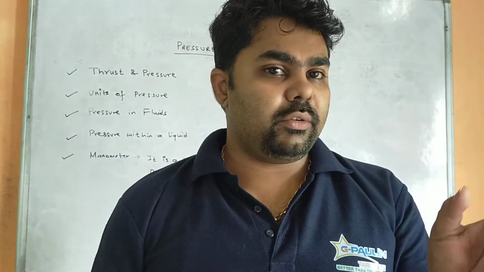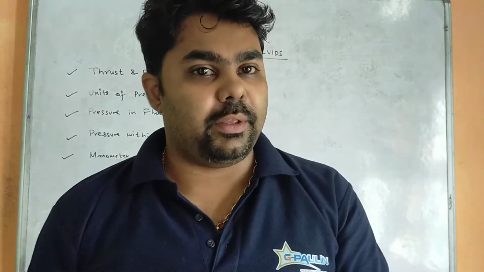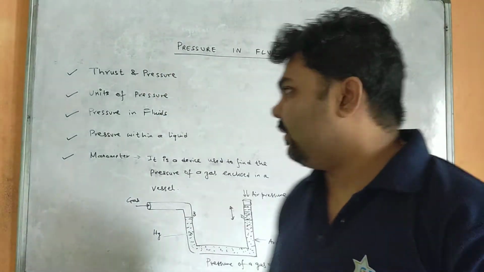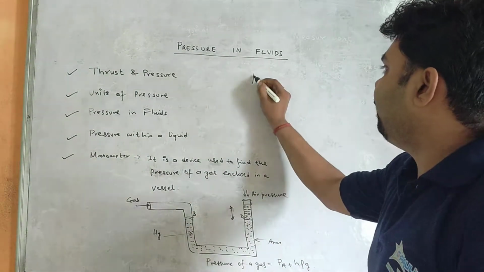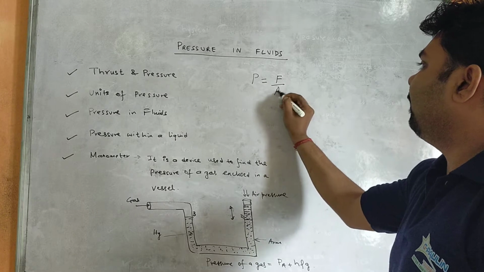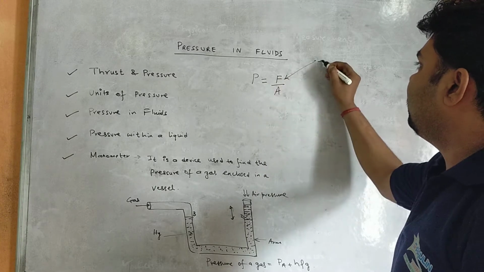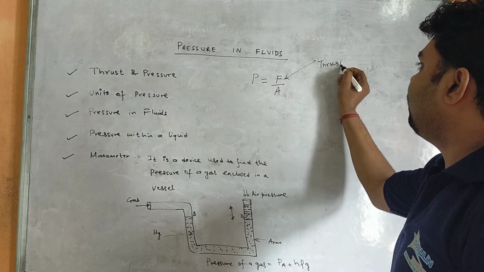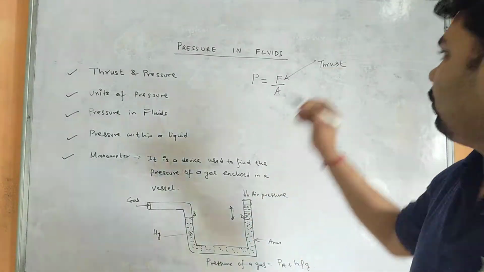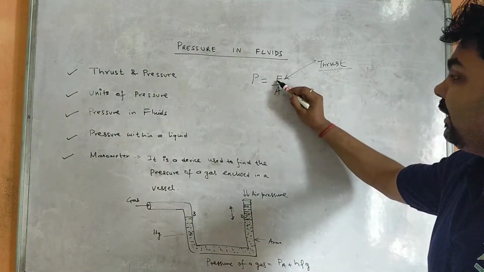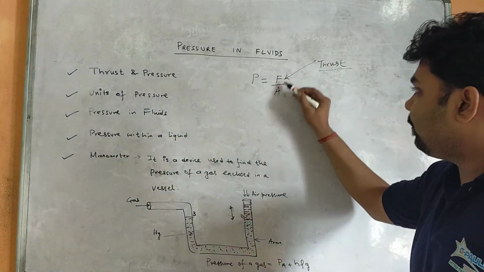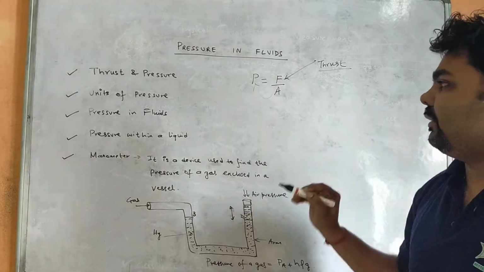So thrust by area is pressure, whereas thrust is the force acting normally on the surface. Pressure equals force per unit area, and this force means thrust. Thrust and force are the same, but the force acting normally on a surface is called thrust, whereas thrust per unit area is called pressure.